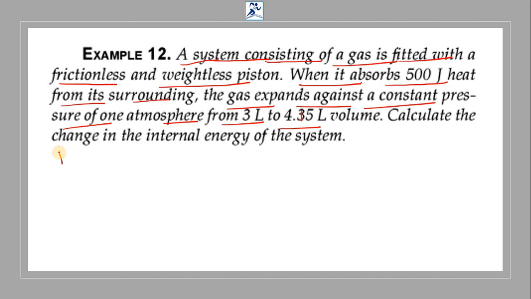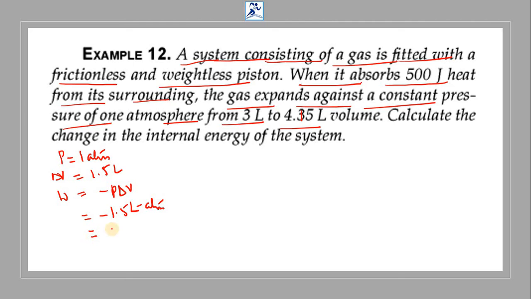From the problem, the given pressure value is 1 atmosphere, it is very clear. And the change in the volume, delta V, is nothing but 4.5 minus 3, which is 1.5 liters. To find the work done, work done is equal to minus P delta V. If you substitute, it will be minus 1.5 liter atmospheres.